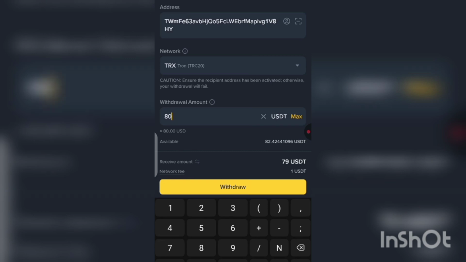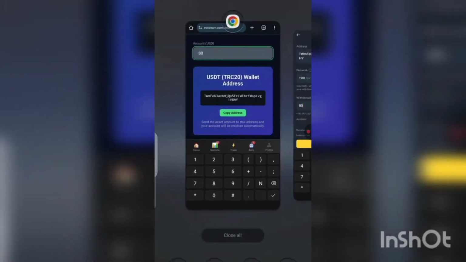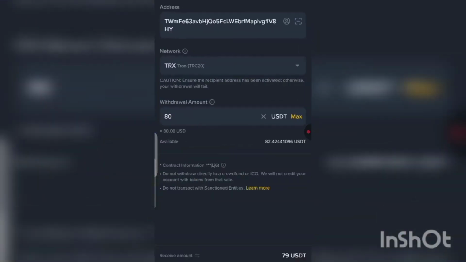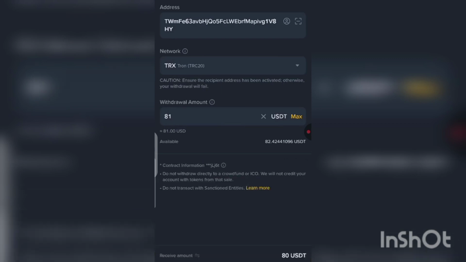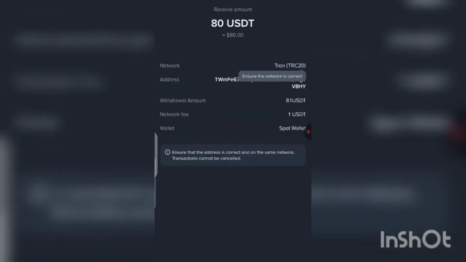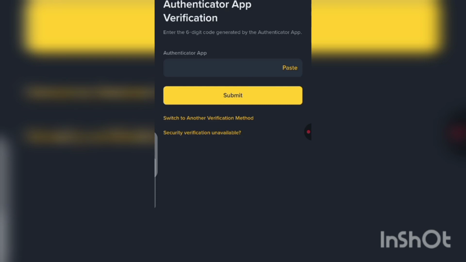Also remember to add 1 USDT for the withdrawal fee. It's very important you do that. I'm going to be pausing the video so that I can put in my passcode, which is the authenticator code.